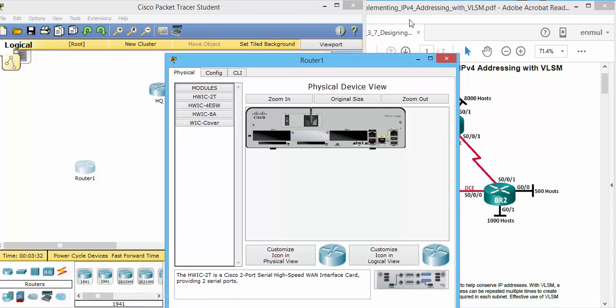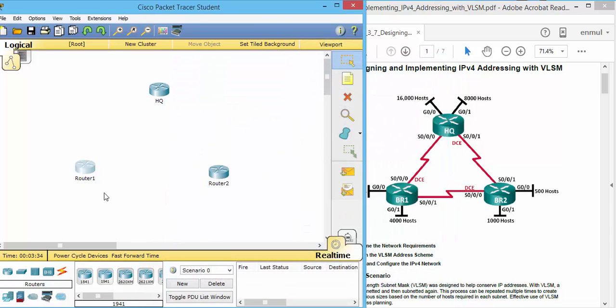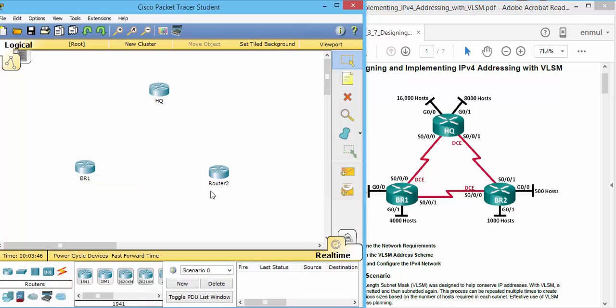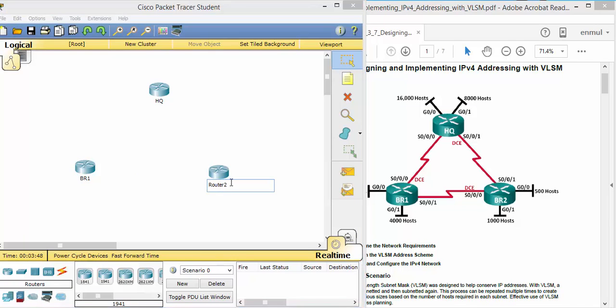This is the Branch 1 router, BR1, and this is the Branch 2 router, BR2.